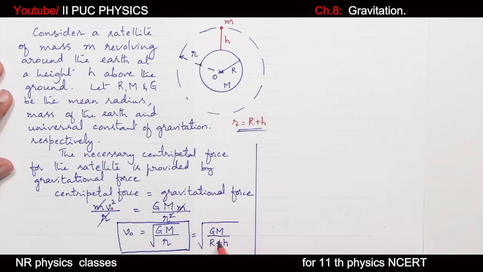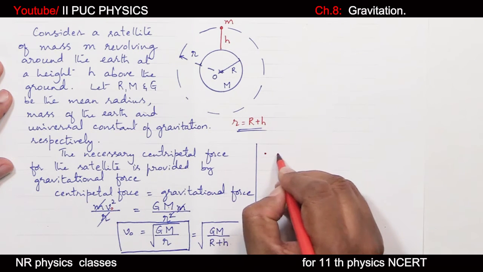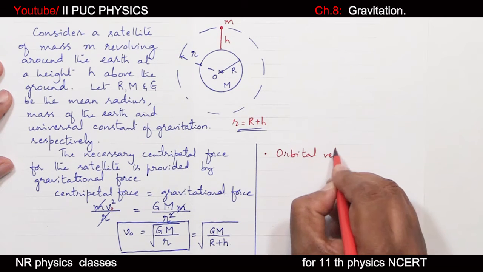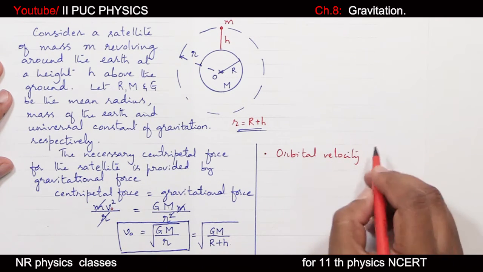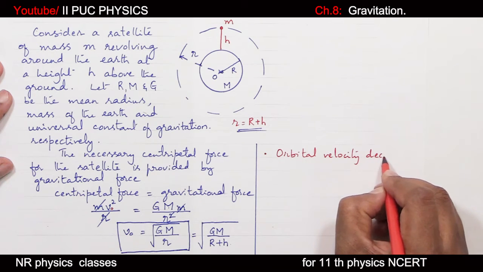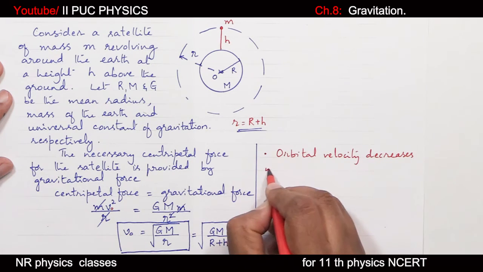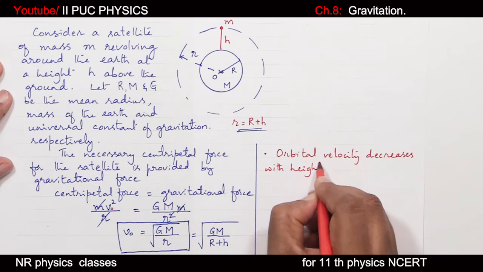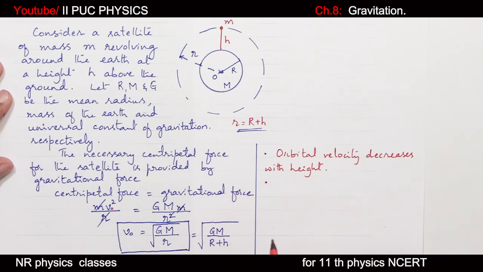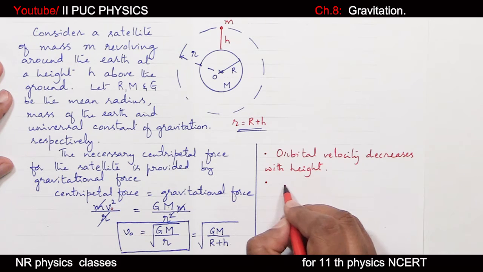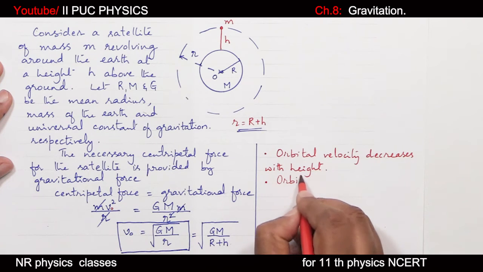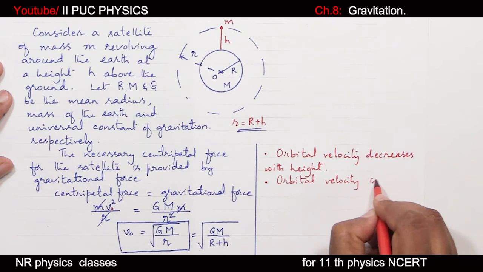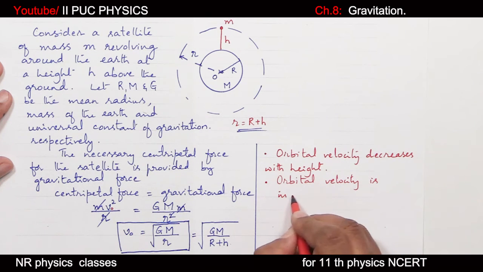So what are the outcomes of this expression? Orbital velocity or orbital speed decreases with height. Second, orbital velocity is independent of mass of the satellite.